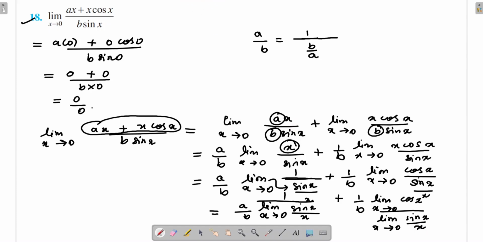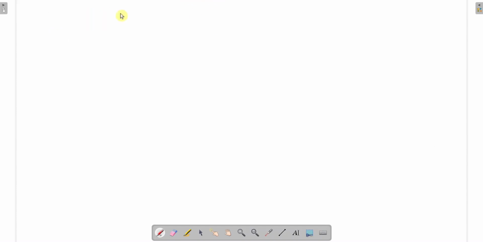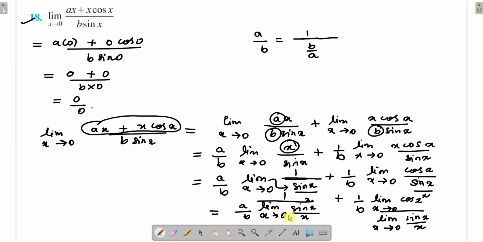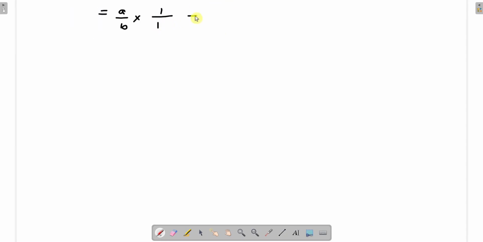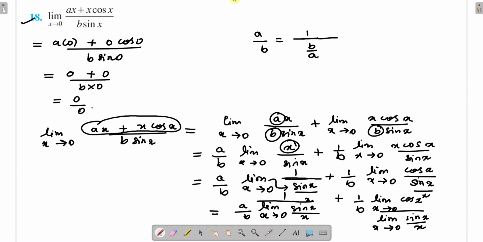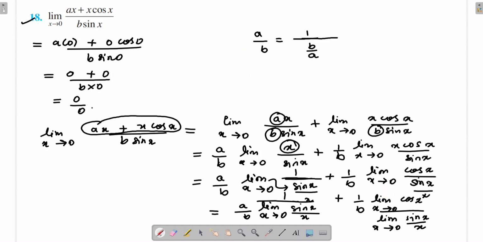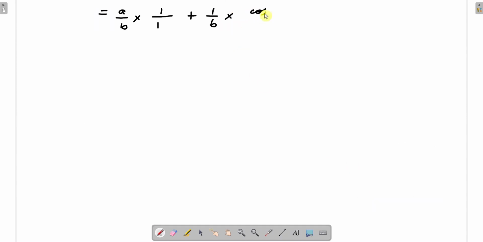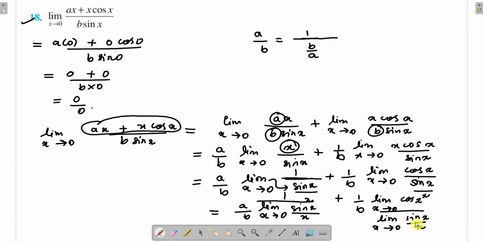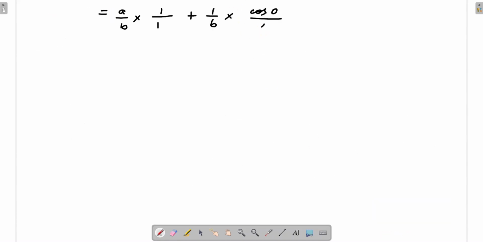So what we will get, this will be equal to a by b divided by 1 by limit of sin x divided by x is 1, plus 1 by b is there, multiplied by what, limit of cos x, that will be cos of 0, and limit x tends to 0, sin x divided by x will be 1.